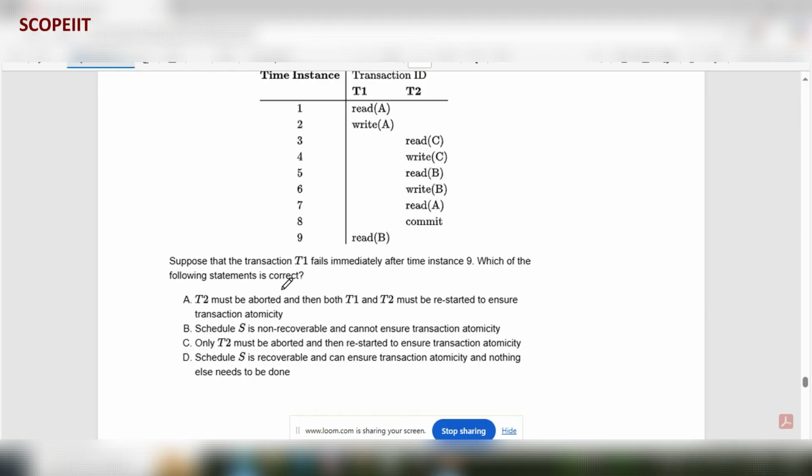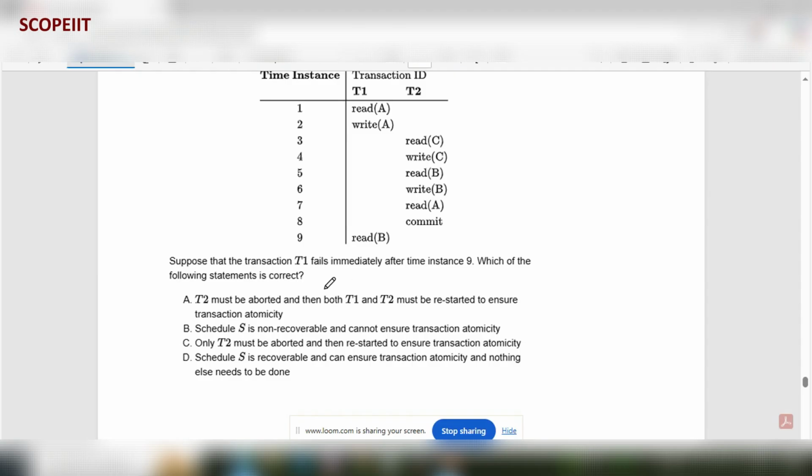Which one of the following statements is correct? Now if you say option A, what option A is telling is that T2 must be aborted and then both T1 and T2 must be restarted to ensure transaction atomicity. First of all, if you see it properly, transaction T1 is not right. Why? Because it says it aborts the transaction T2.